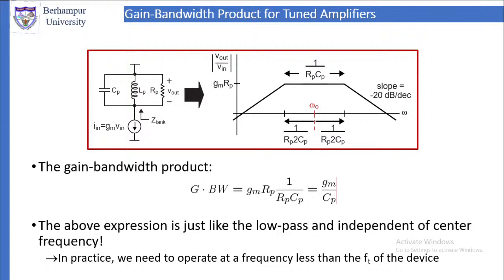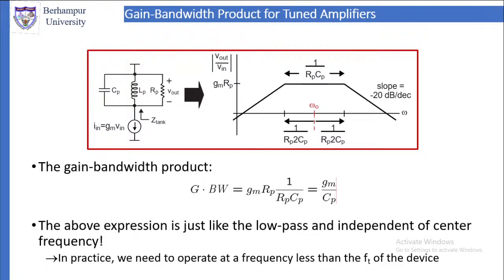Now the gain will be maximum when this circuit is resonating. So at resonance, the gain will be maximum. Because what happens at resonance? At resonance, there will be no energy storage. Energy in the capacitor and energy in the inductor cancel each other, and the complete energy is consumed by the resistor. Therefore, that gives you the maximum gain.